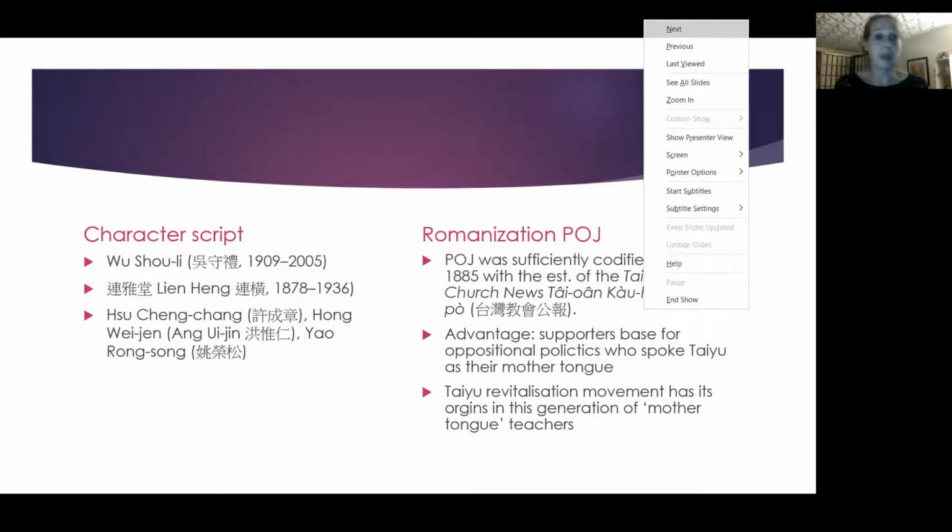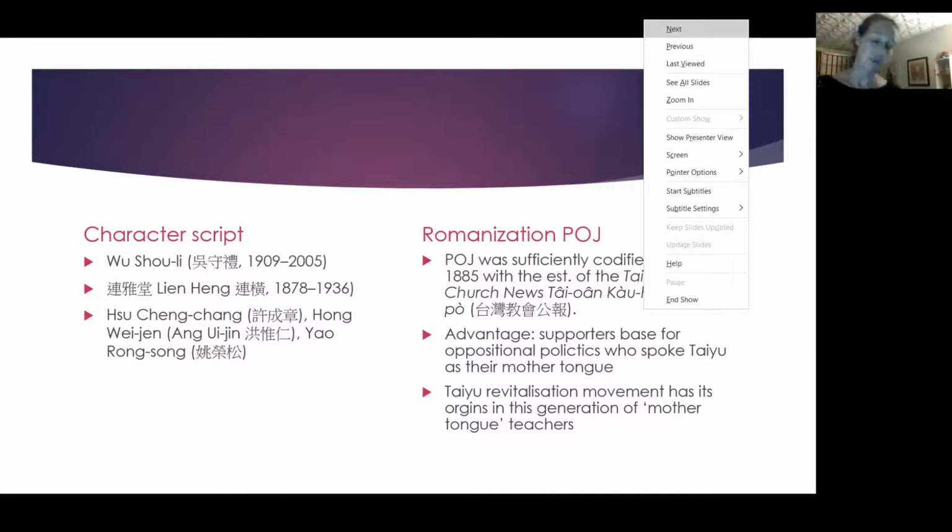And why is there the link with the church? Because from the 70s and then the 80s, and definitely into the 90s, when the bans on speaking Taiwanese were lifted, the church needed these people to draw back on, not only for the church work, but also for continuing the written literature in romanization.